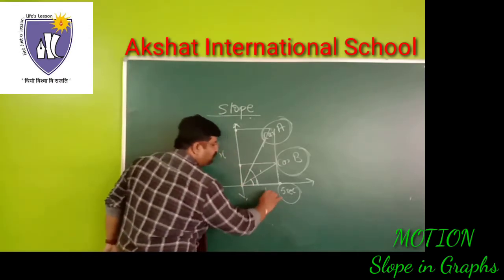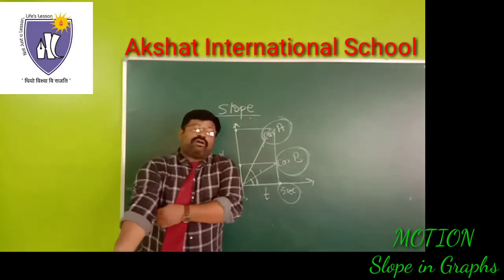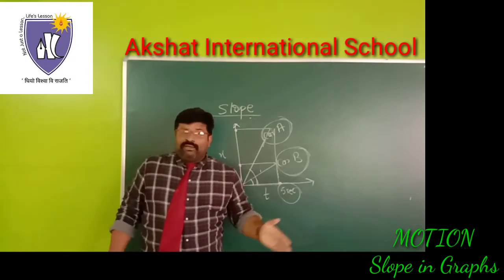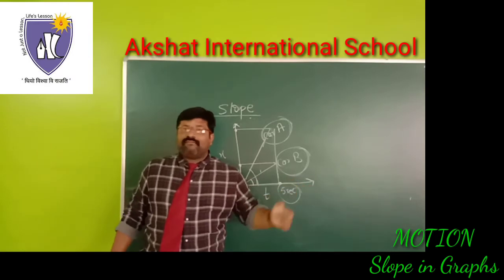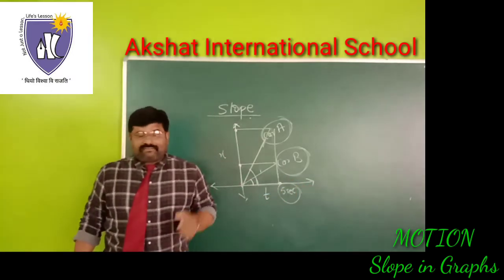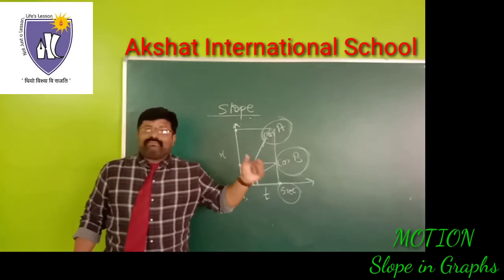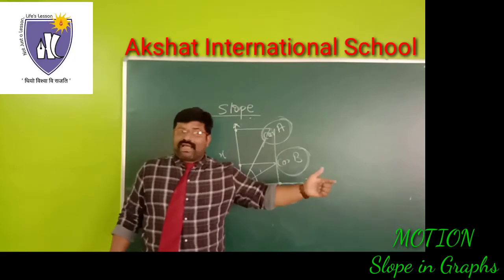In a distance time graph, we have to be very careful, because in exams it is asked that the slope of a distance time graph represents dash. They'll give a fill in the blank. The slope of a distance time graph, or displacement time graph, represents dash.